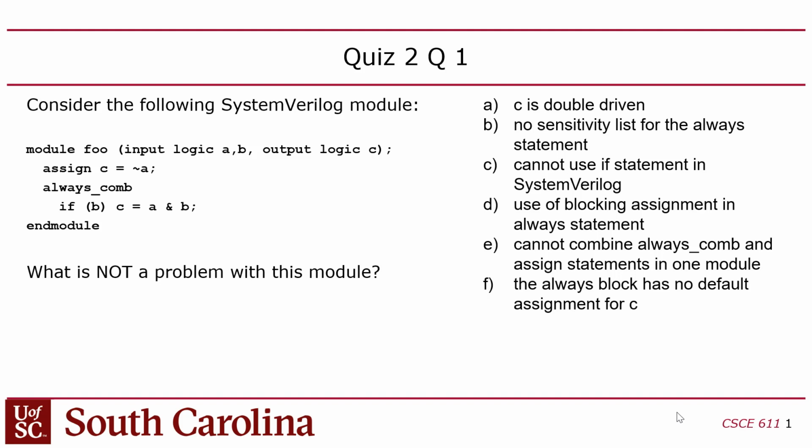But basically, if the condition on this if statement evaluates to false, there'll be no execution path through this always that'll assign C.